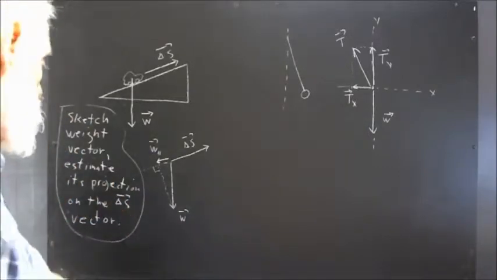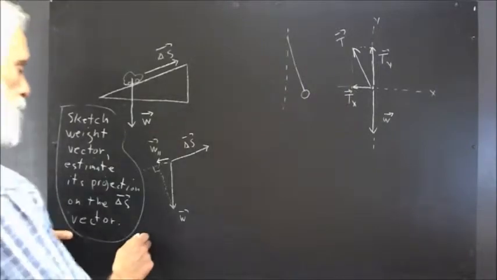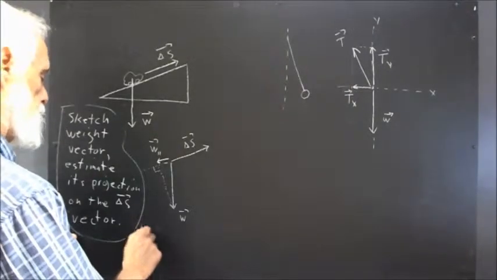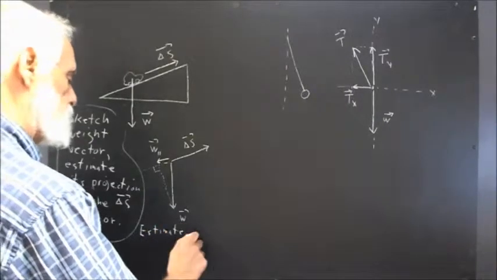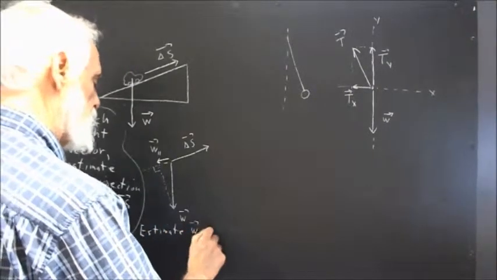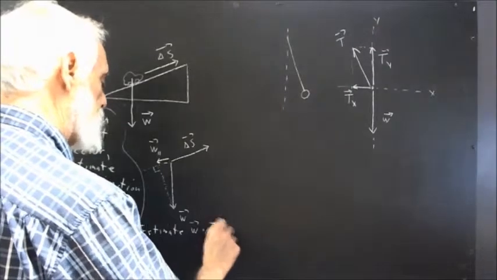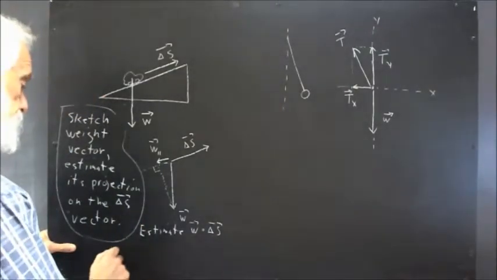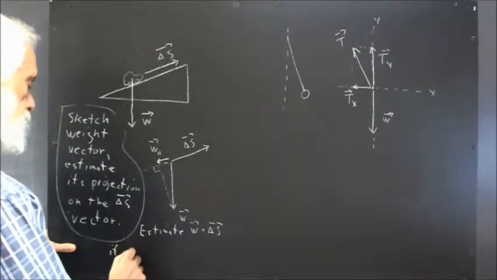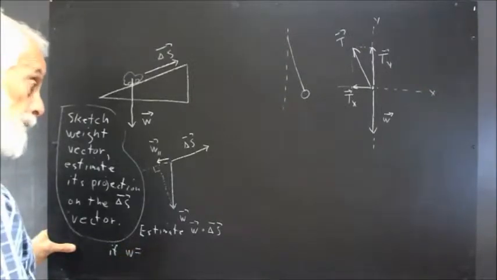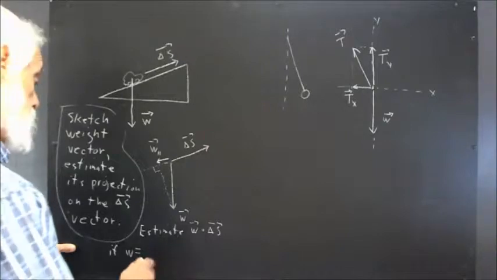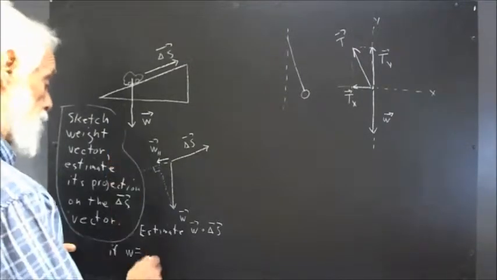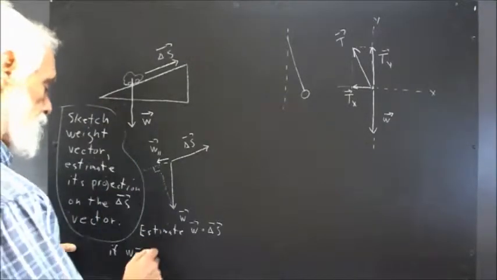Now let's say that I want you to estimate W dot delta S if the magnitude of W, without the absolute value sign, is for that cart, let's say some heavier car than we've been using.